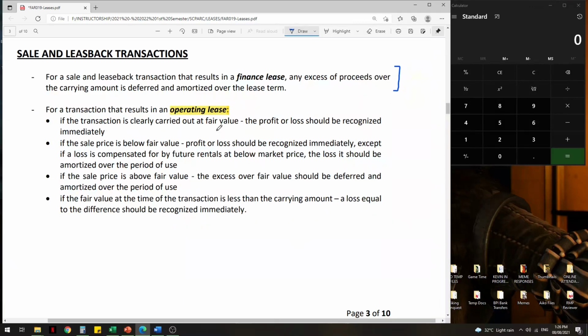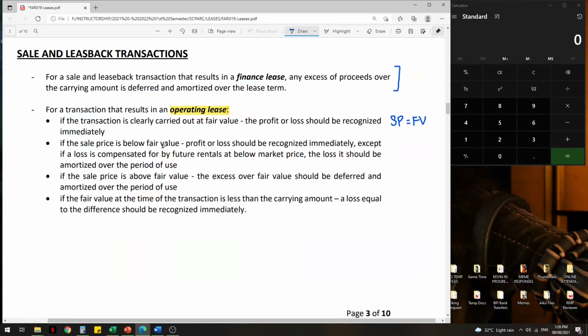Ano ibig sabihin neto? Sabi daw, if it is carried out at fair value. If the selling price is equal to the fair value, kung naibenta natin yung asset at its fair value, all of the profit or the selling price minus carrying amount, lahat ng gain na yan, i-recognize natin immediately.